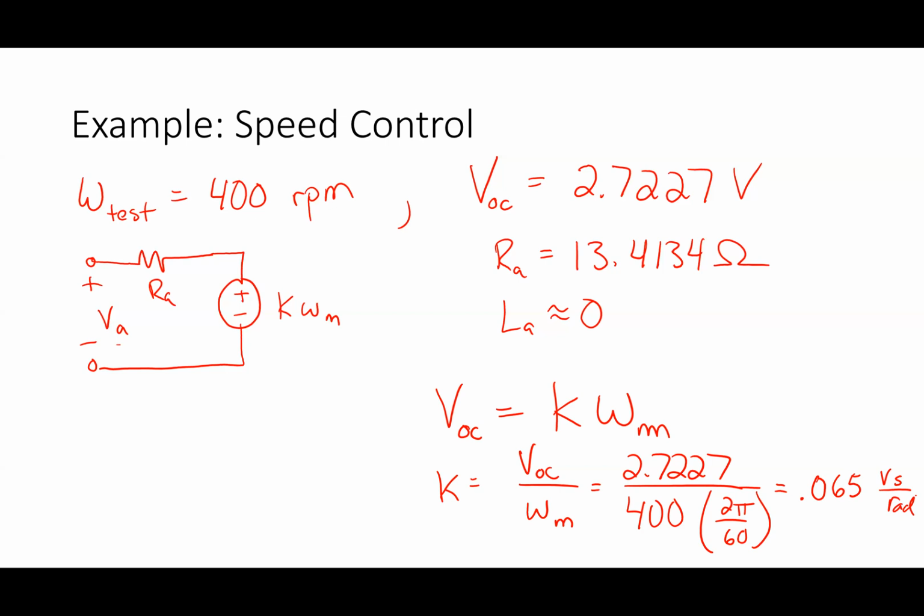So now let's say I use this thing in an application. I'm in a situation where VA equals 10 volts. I applied 10 volts to the motor, and the current that I measure is 0.2817 amps.